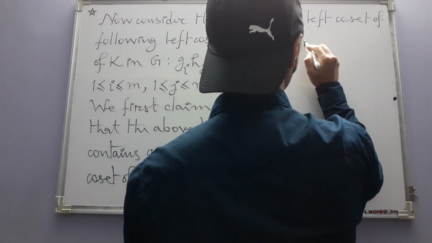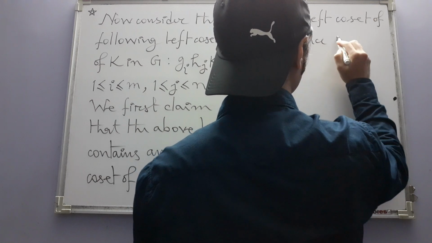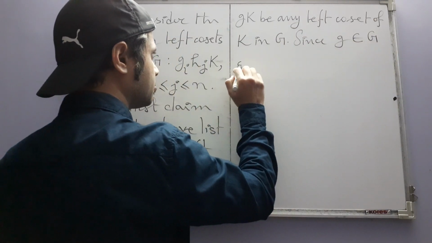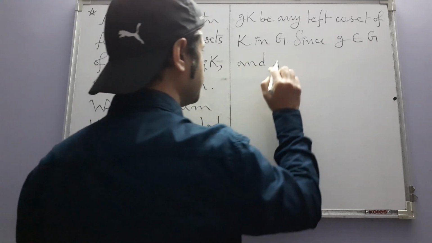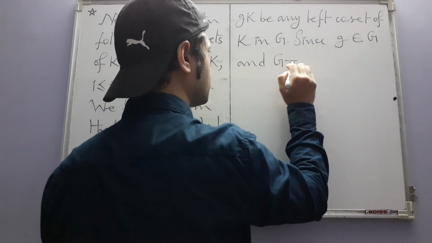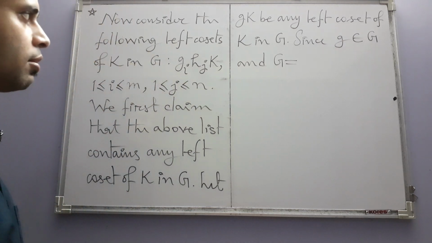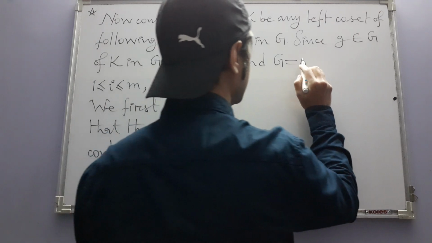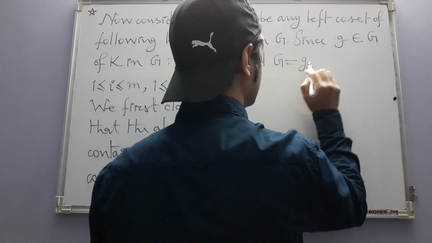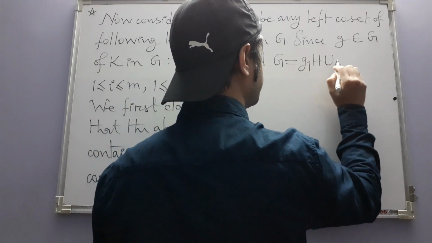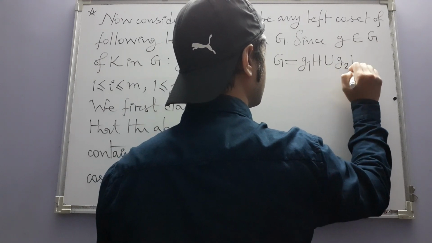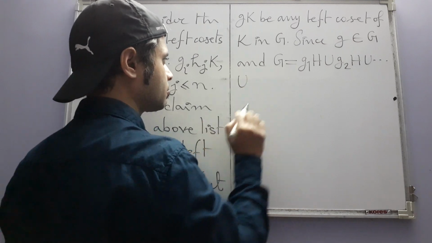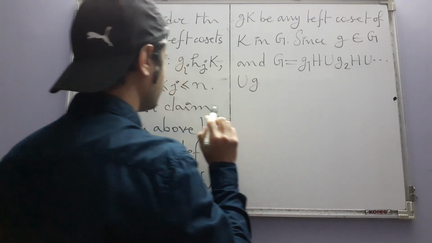Since g belongs to G and G is the union of all the left cosets of H in G, that is, G is this union, g1H up to gMH, how many were there?